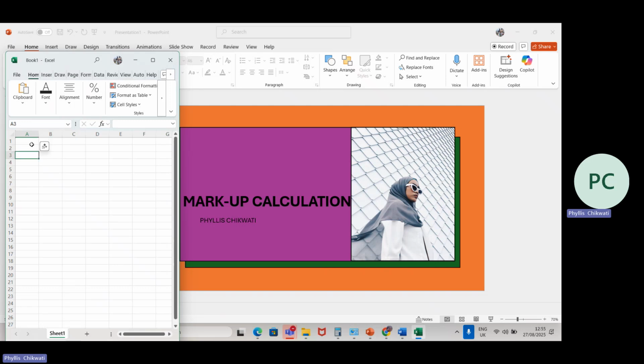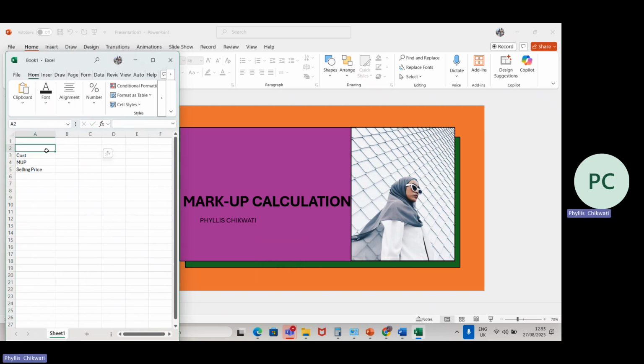Okay, so my drawing board, I always start with this. So let's just draw our formula in this format. We're going to have cost, we are going to have markup, and we are going to have our selling price. Let me just write it in full.